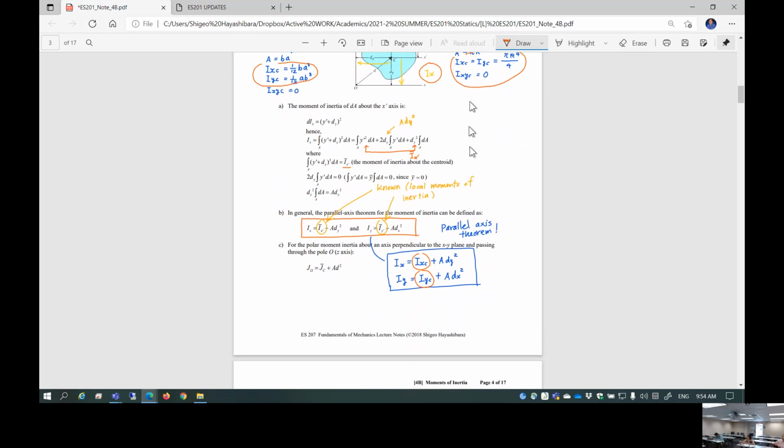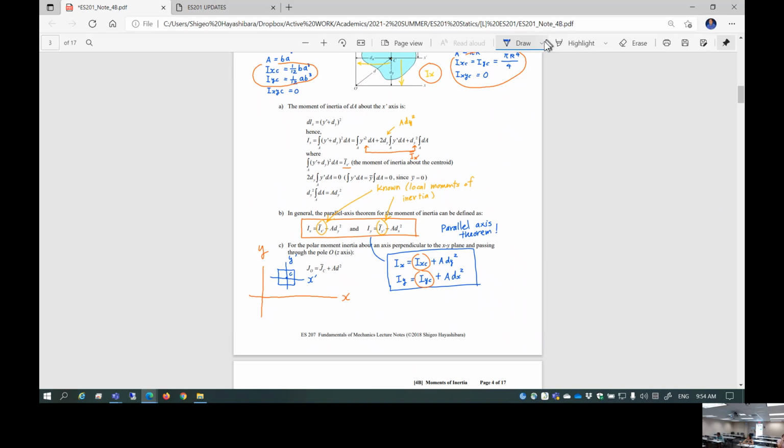Those are well known. So using those, you determine the moment of inertia about a given axis by using the parallel axis theorem. In other words, if the area is offset, so this is the x and y coordinate, suppose you have a rectangular cross-section placed in here. This is the x prime and y prime coordinate. Right here is the centroid.